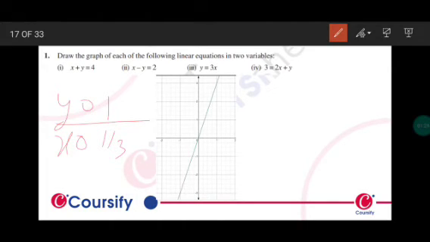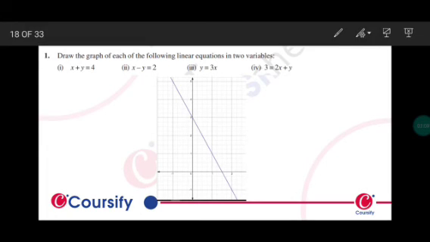So next point will be, if y is equal to 3, x will be 1. So we have 2 points now, that is 0 comma 0, that is easier to plot, that is the origin, that is here, and 3 in y direction and 1 in x direction, that means this point, that is 1 comma 3.